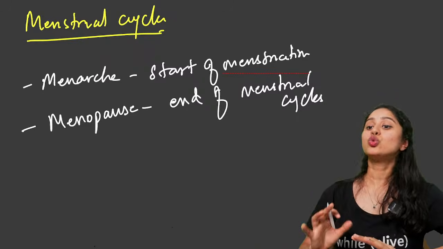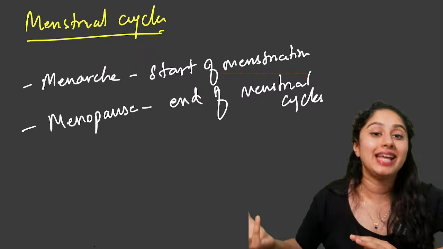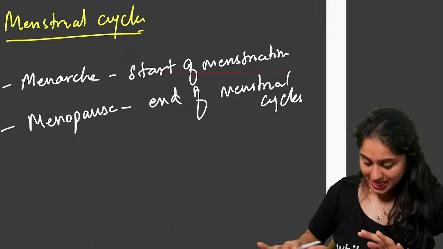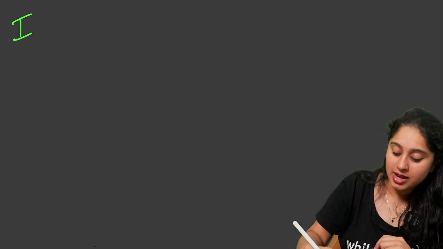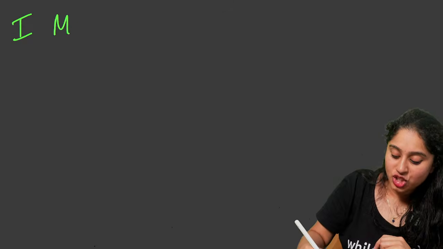Is that clear to all of you? Now, coming to how and what exactly happens during this menstrual cycle. I'll show you both the changes in the ovaries as well as the uterus. The first phase of the menstrual cycle is the menstruation phase.